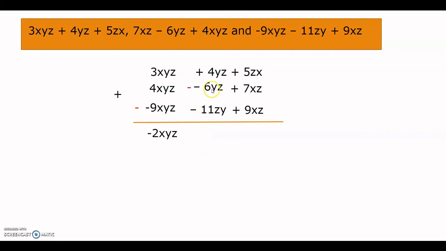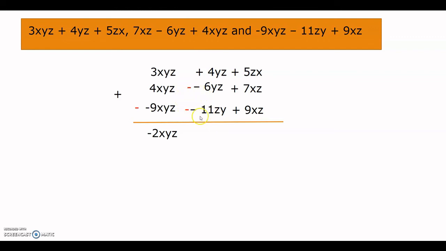Next, we have positive 4yz, and then negative 6yz and negative 11zy. So let's use the distributive property for our sign. Negative times positive is still negative. Negative times positive, it's negative. So we have negative and negative here.